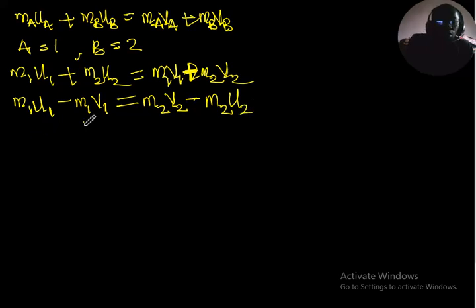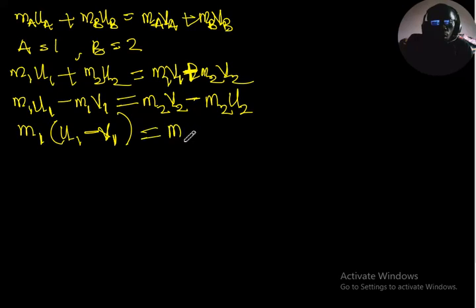Now at this point, on the left hand side, M1 is common, so I'll bring out M1 as common factor, open the bracket, U1 minus V1, close the bracket. That will be equal to, what is common here? M2. Bring out M2, so here you have M2, then what is left? V2 minus U2. Call this equation 1.